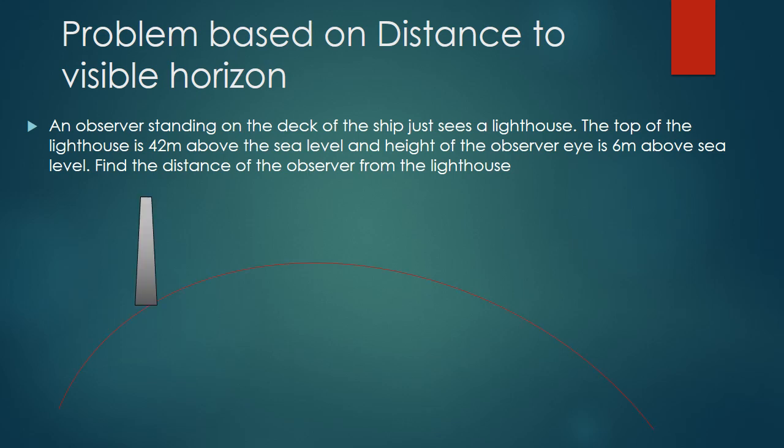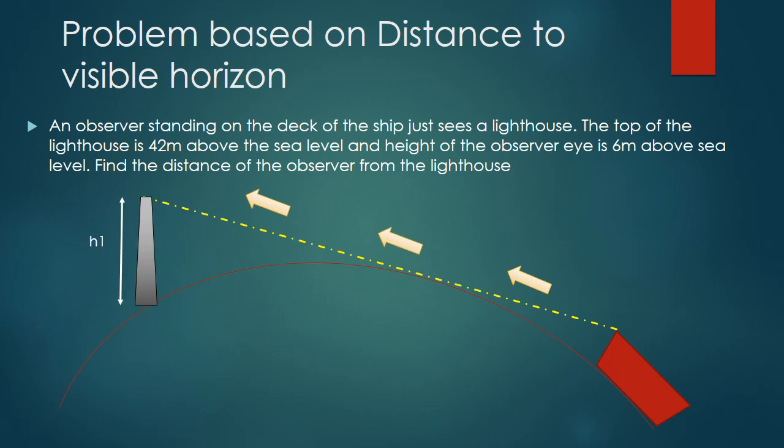This is a lighthouse, here is the ship, and on the deck of this ship an observer is standing and looking towards the horizon, where he just sees the lighthouse. Here is the line of sight. The height of the lighthouse is given as 42 meters, let us say h1, and the height of the observer is 6 meters, let us say h2.